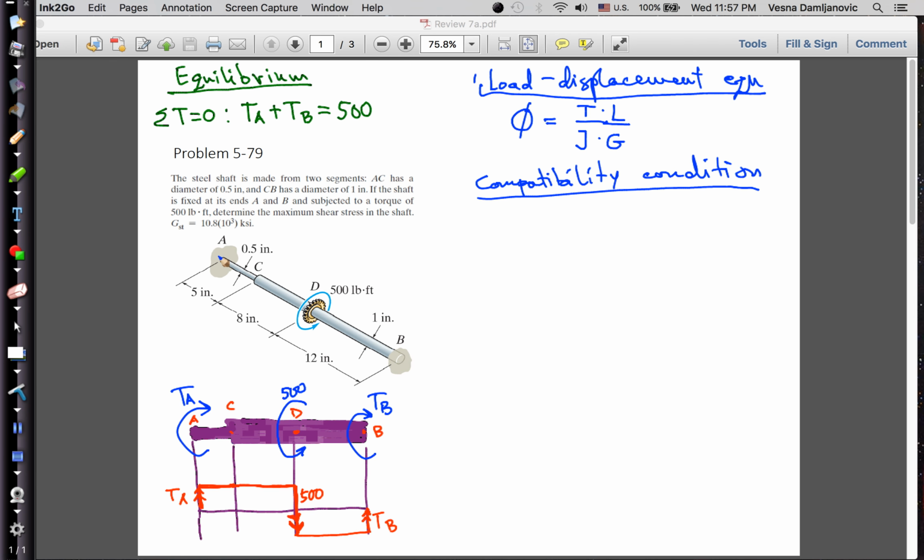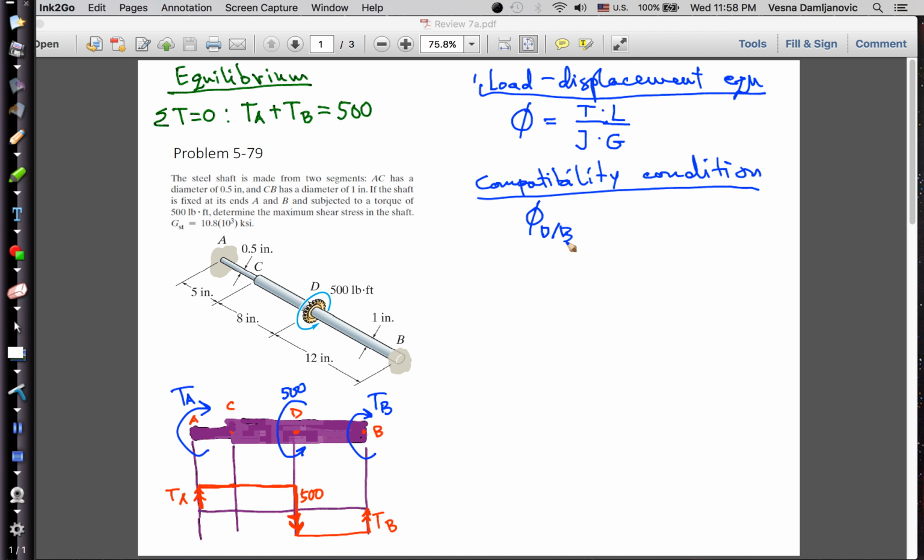So the compatibility condition says that the angle of twist of D with respect to B has to be equal to the angle of twist of D with respect to A. So let's write that out. Let's go step by step.